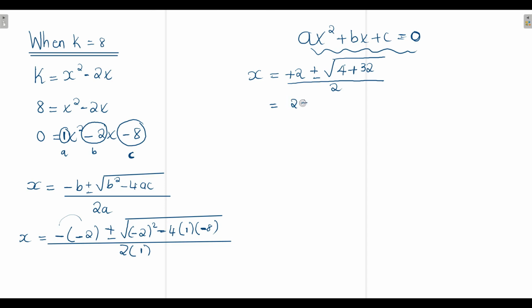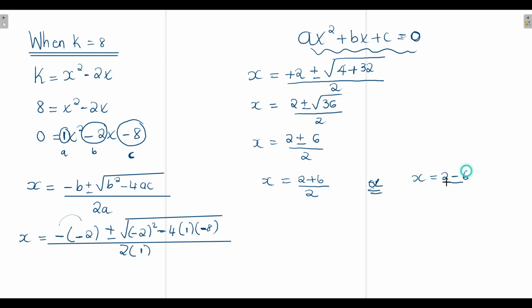So it's 2 plus or minus the square root of 36 all over 2. 36 is a perfect square, so the square root of 36 is 6, all over 2. Therefore, x is equal to 2 plus 6 all over 2, or x is equal to 2 minus 6 all over 2.